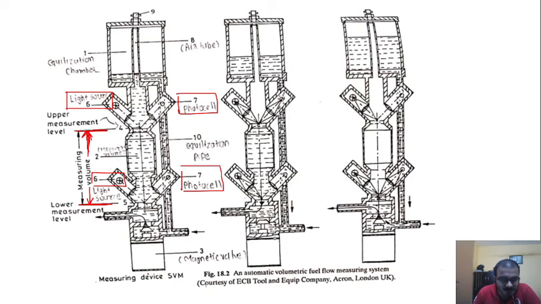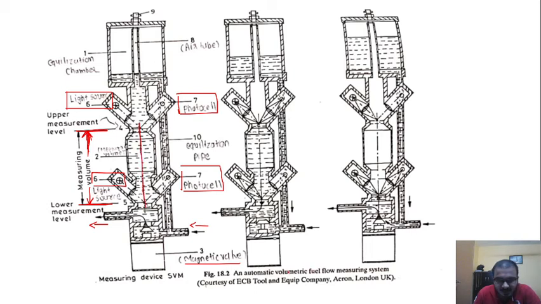Apart from this, we have a magnetic valve at the bottom, the third number. The fuel enters here and leaves here. That is the entry, and here is the exit towards the engine. Apart from this, we have the axis of this device.